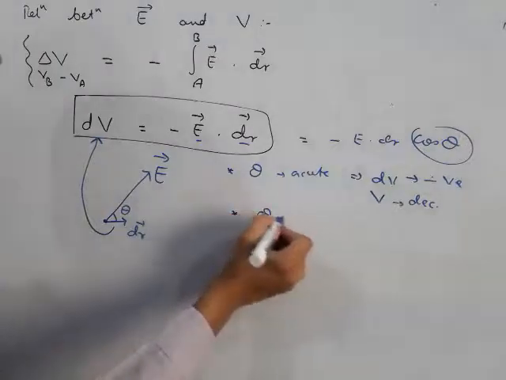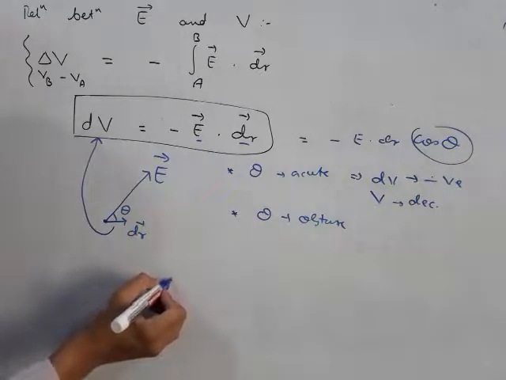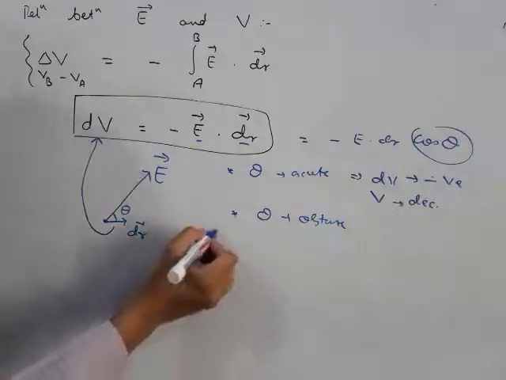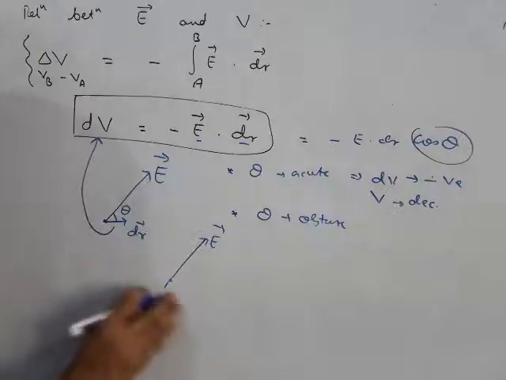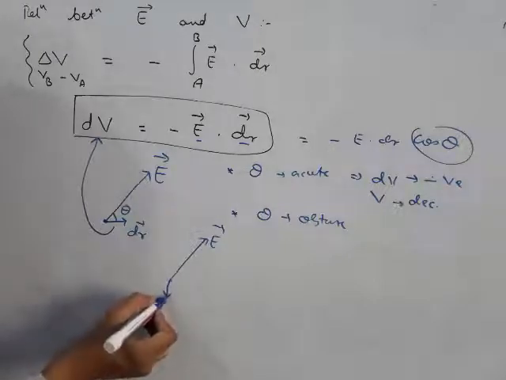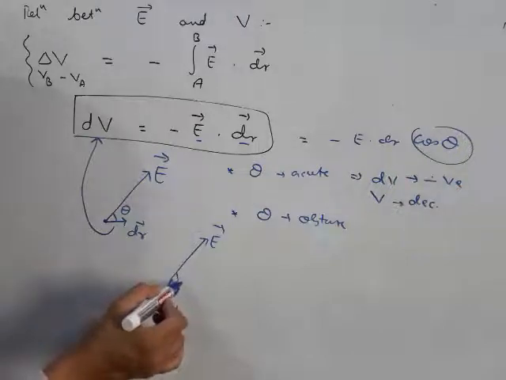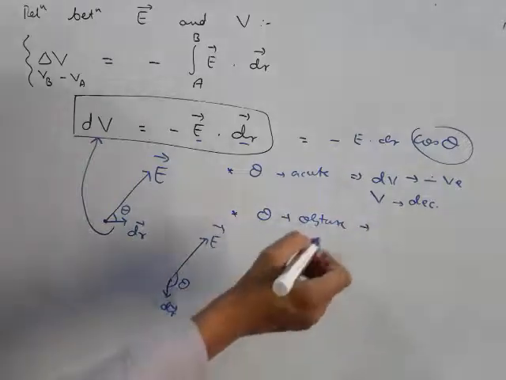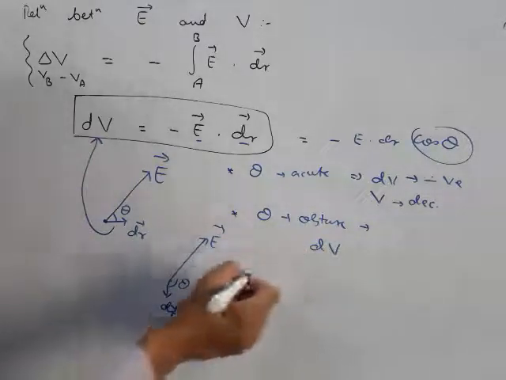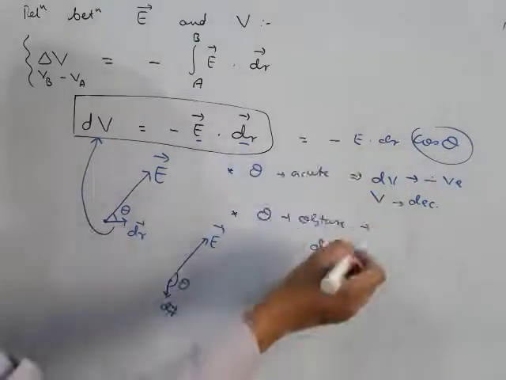Likewise, if theta be obtuse, for example, suppose electric field is in this direction and I prefer to move in this particular direction, like so. So this is dr vector. So this angle is greater than 90 degrees. If theta is obtuse, in this particular case, cos theta becomes negative. The negative and negative, it becomes positive.